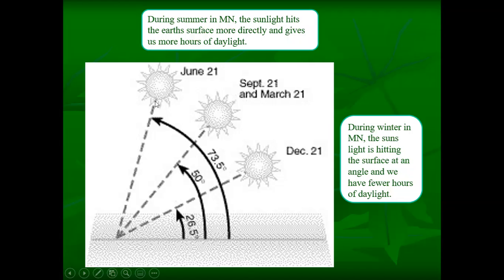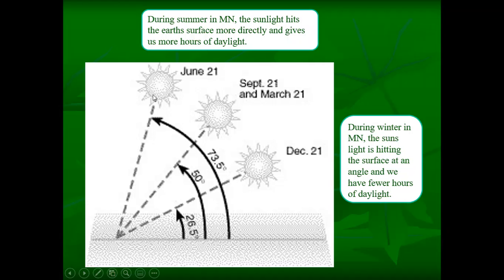When it's directly above, it's going to get hotter during the days. When our Earth is tilted a little bit, we see that the sun goes down in angle, therefore it's not going to be as hot here. So right now it's cooling down, and in another few weeks, it'll be December 21st, and the sun will be at a very low angle, therefore we don't have as much heat hitting us, okay?